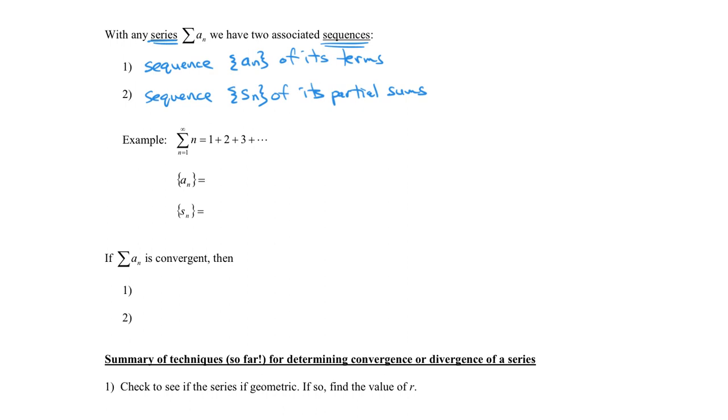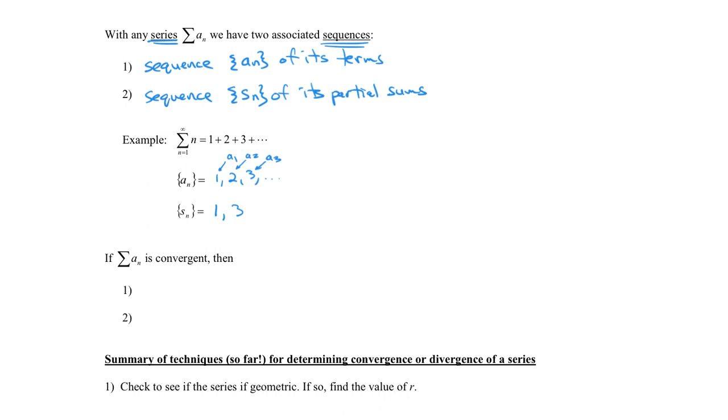So as an example, if you look at this one, we've got a series here, and this just keeps on going. So the sequence of its terms, we just list them out. That would be 1, 2, 3, and they just keep on going. So this would be like a sub 1, a sub 2, a sub 3. And then also the sequence of its partial sums. If I add the first term, I get 1. If I add the first two terms, I get 3.